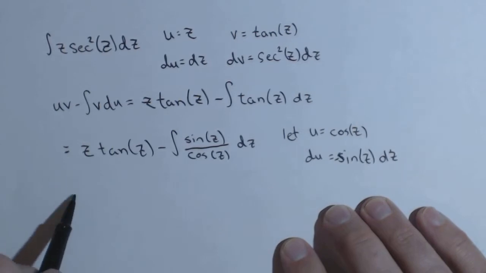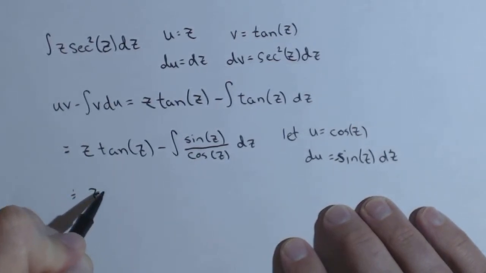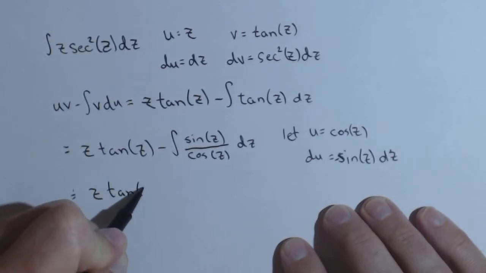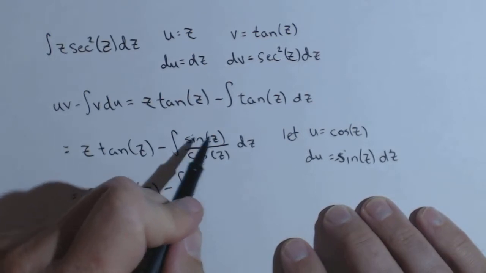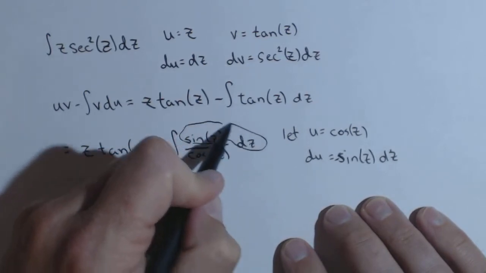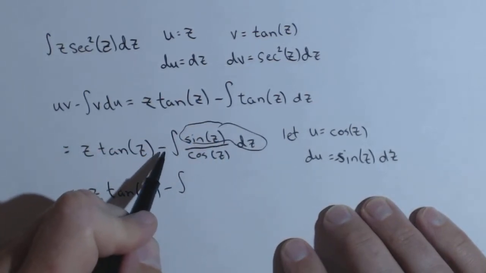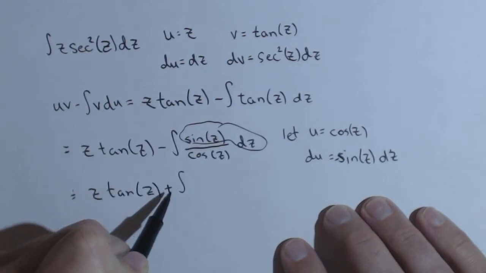So putting this together, we got to finish off our integral there. So z tangent of z is already done, minus, now this part here is going to be our du, except for the negative, but that'll just make that a positive.